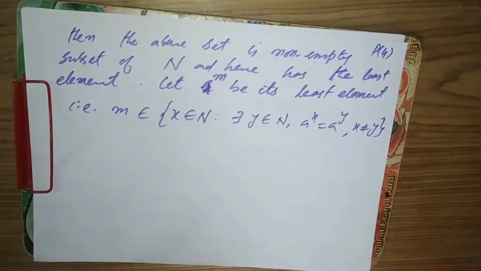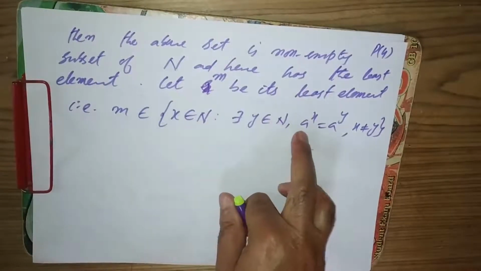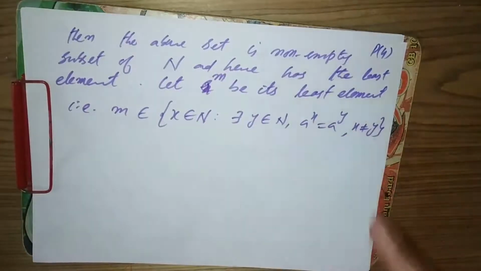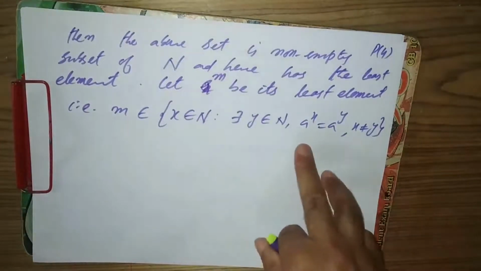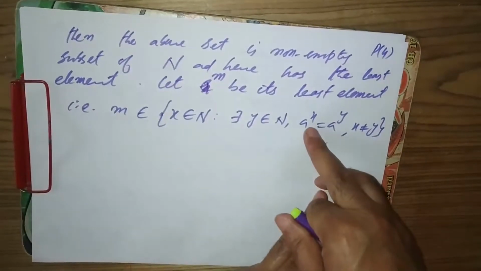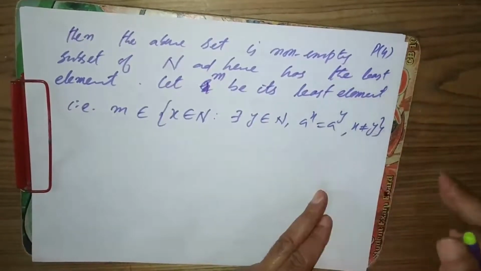Now we consider the following set. So we have here a power M is equal to a power Y. So Y is greater than X actually here, because we are increasing the powers. First we take a square, a cube. So at the Mth stage, a power M, then we have a power M plus 1, then a power M plus 2.